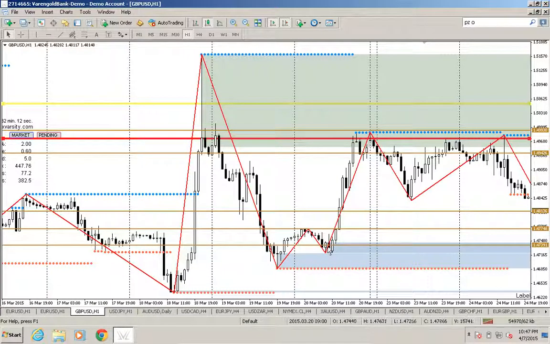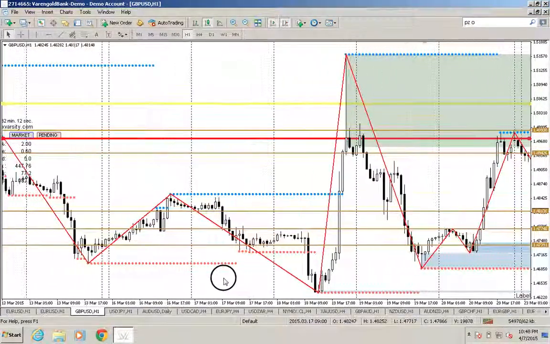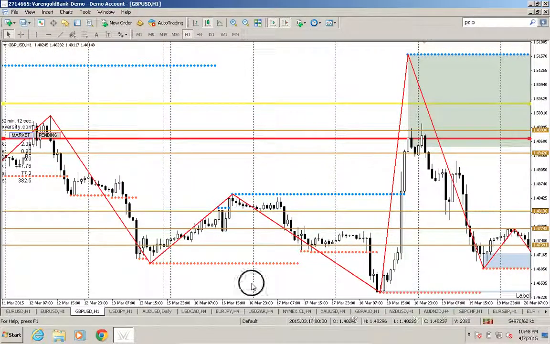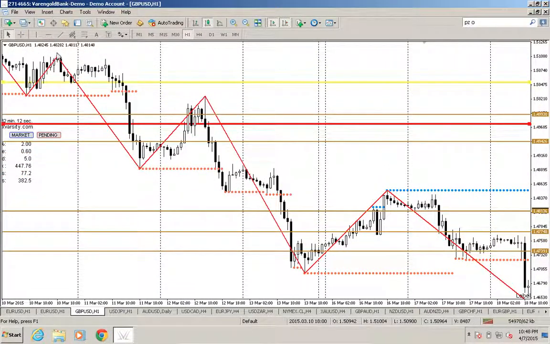And again, a low that was formed by a hammer. Here we have a morning star. Okay, so let's just get down to it. Oh, perfect. Lower highs, lower lows, signaling us to sell, and a high formed by a shooting star.